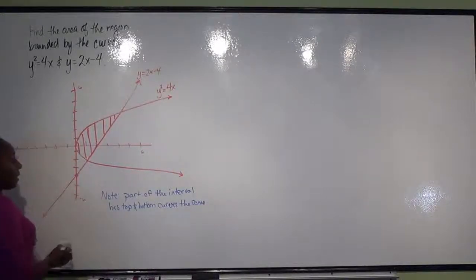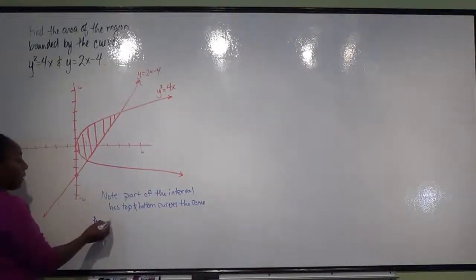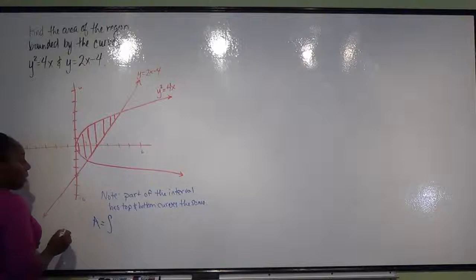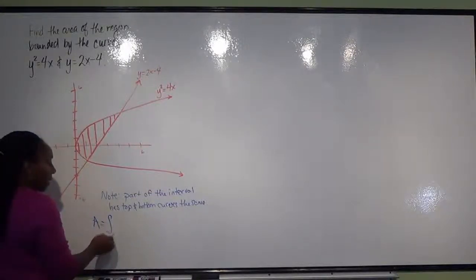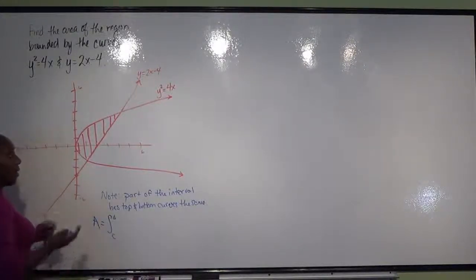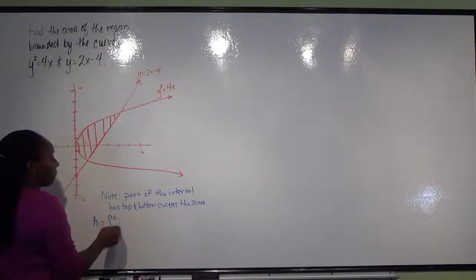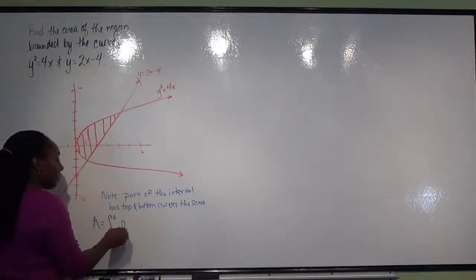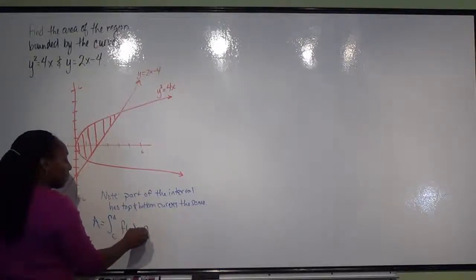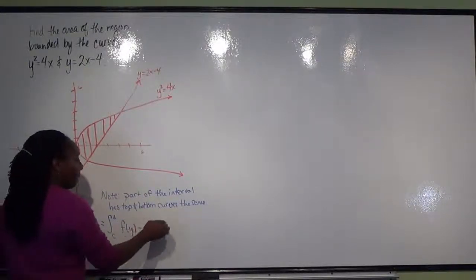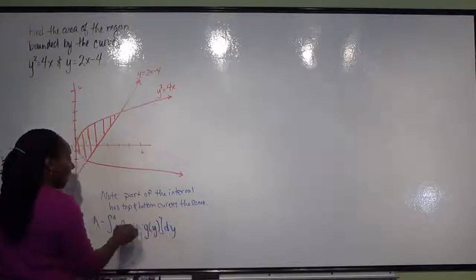Okay, so what that means is when I go to set up my area, I'm going to call it C to D because now I'm looking in terms of y values, and I'm going to have this be some function of y minus some other function of y with respect to y.